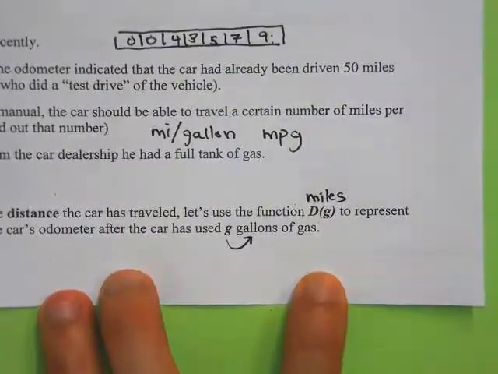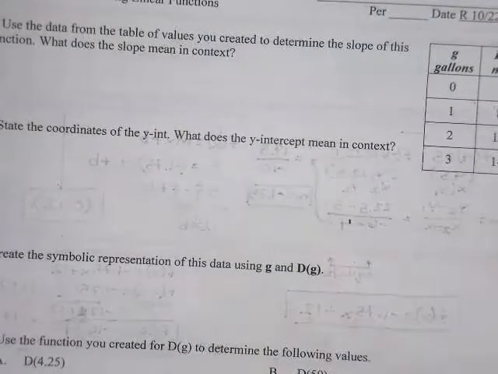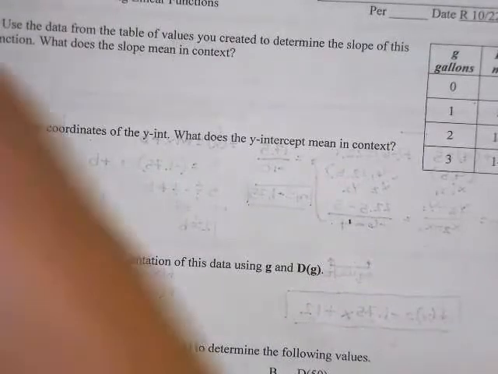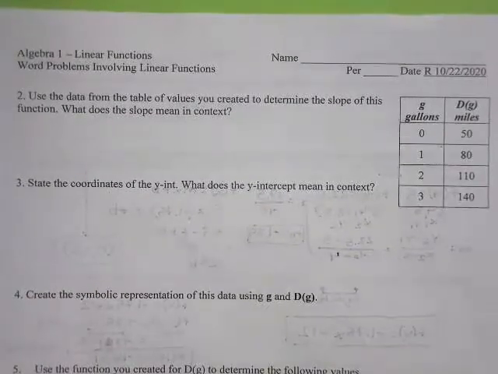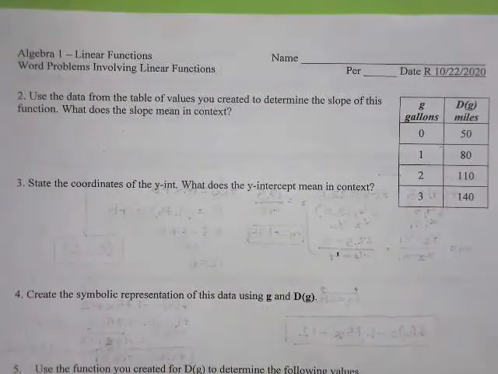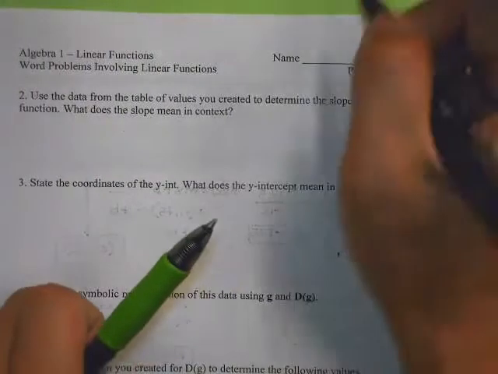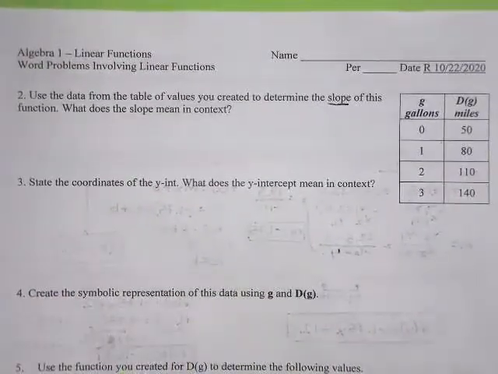Let's move on to the next page, you guys. Number 2, use the data from the table of values I created to determine the slope of this function. So again, the questions are going to come back.